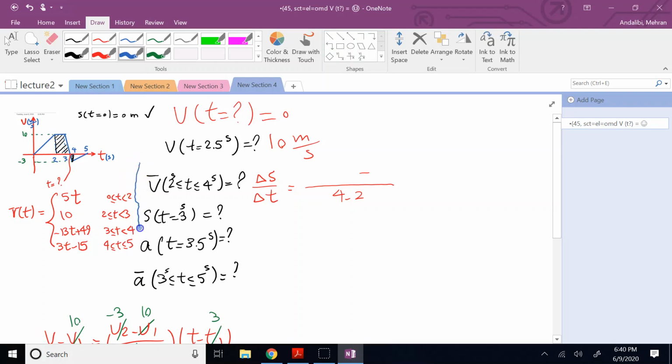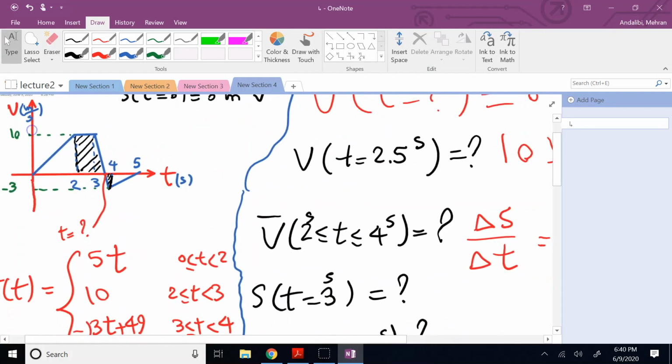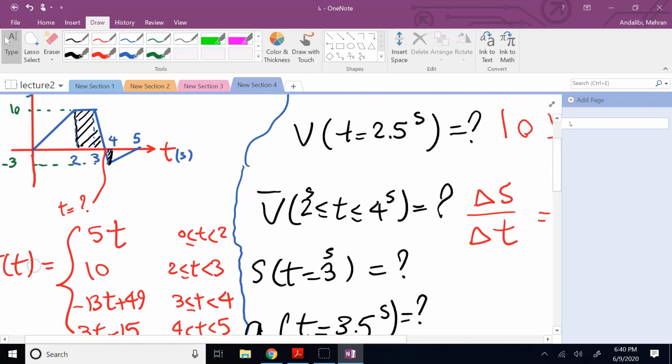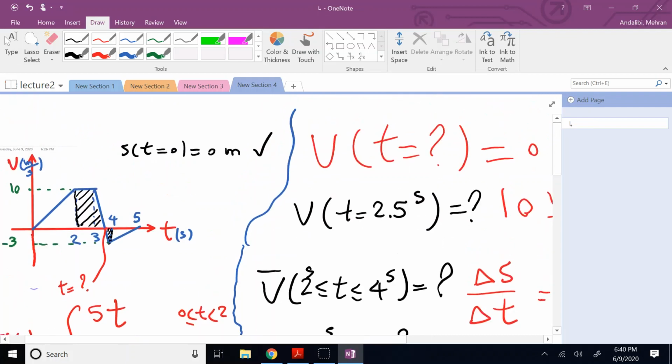Let me just draw a line between them so that they are not too badly messed up. Okay, so now the big question was, what is the point at which the velocity was 0? So I need to know the location of that point. And that's where I need this function here for the third line segment. I need this to be equal to 0, right? So negative 13t plus 49.